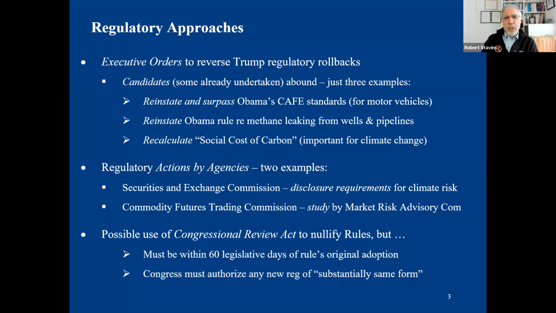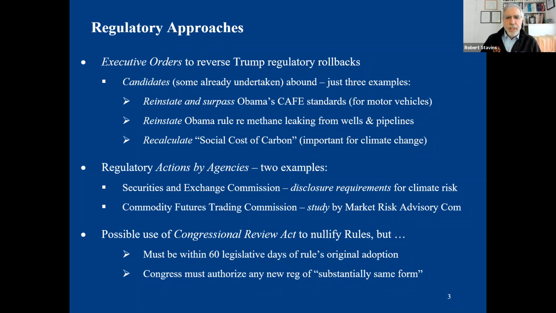And a third is to recalculate, going back to the Obama method and then beyond, the social cost of carbon, which is a number which is very important in regulatory impact analysis for all sorts of climate and other kinds of regulatory actions. But secondly, there are regulatory actions by agencies, and two examples here that are in the offing.